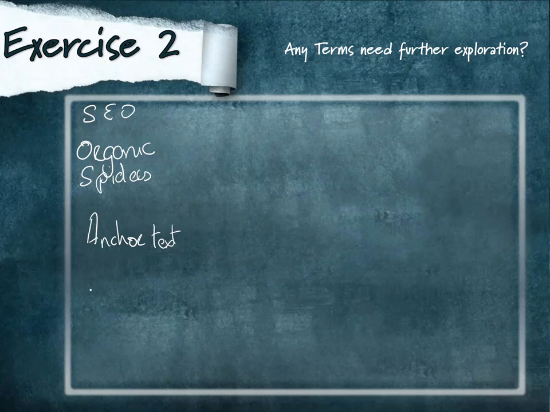Okay. Next one up is the whole idea of a manual penalty. Now, as I mentioned earlier, Google has over 250 different criteria that they look at. These are called their guidelines. And a manual penalty is when you try to cod them. Really, that's what you're trying to do.